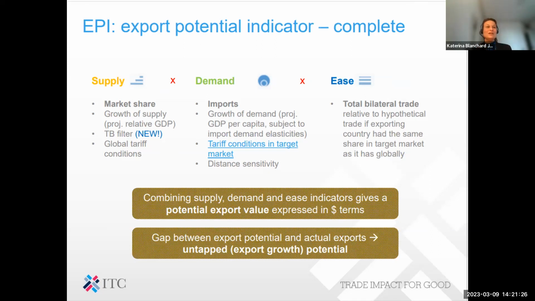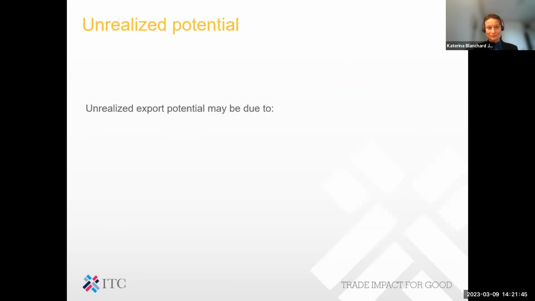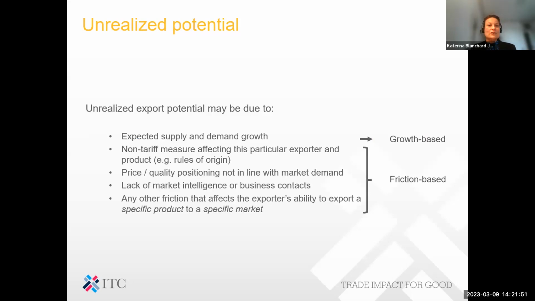So now we have an idea what is the export potential as calculated in our model. We have a good idea what the actual exports are. And what is the difference between those two? That will be the untapped potential. Untapped or unrealized potential can exist due to many reasons.